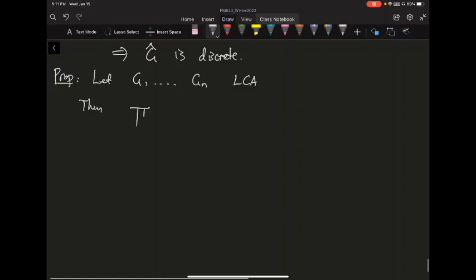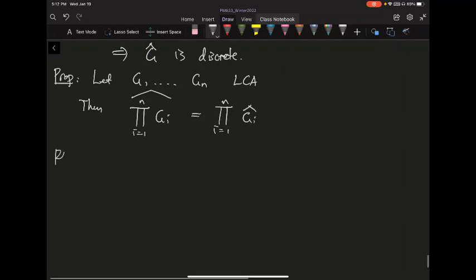So let's take the direct product, i going from 1 to n, of these Gi. When you take a direct product, an abelian group is still abelian, and the product topology is again locally compact Hausdorff. So you can talk about this dual group. It's going to be the same as the product of the dual groups. So you always have these two are the same.